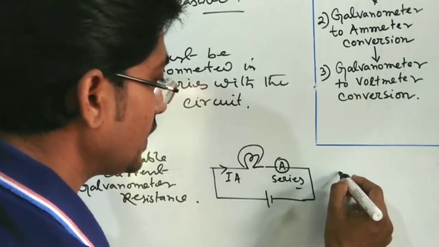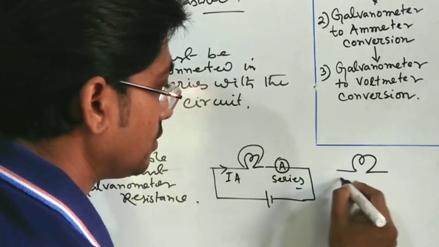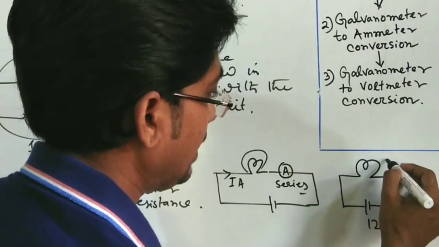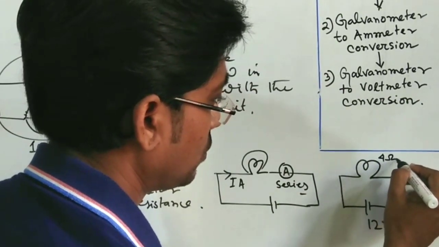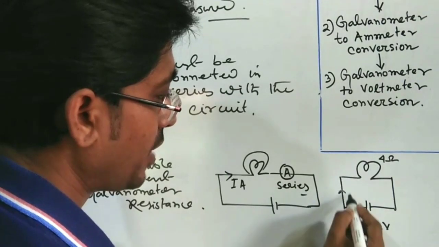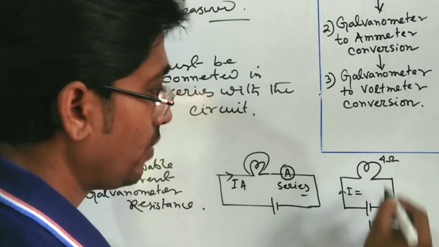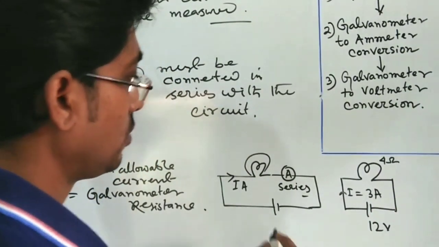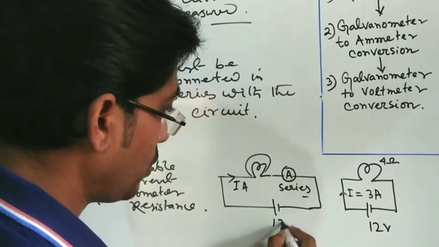Suppose there is a bulb and we have taken a 12-volt battery, and the bulb has a resistance, suppose 4 ohm. How much current is it drawing? That is 12 by 4, 3 ampere.